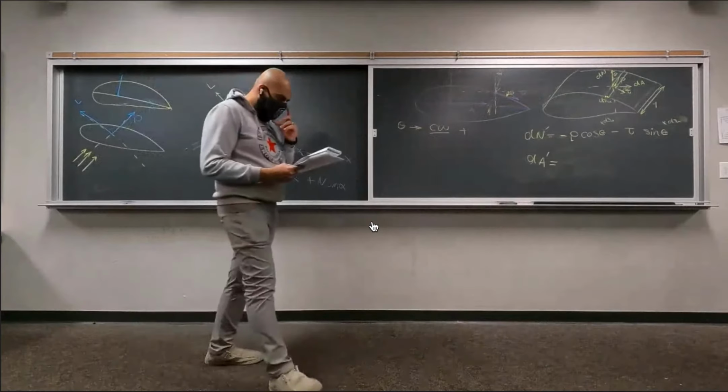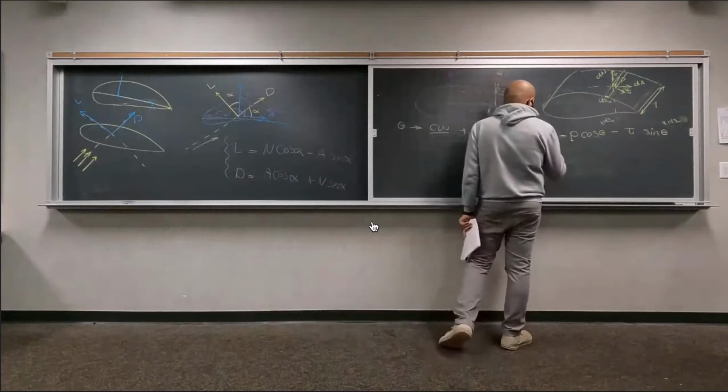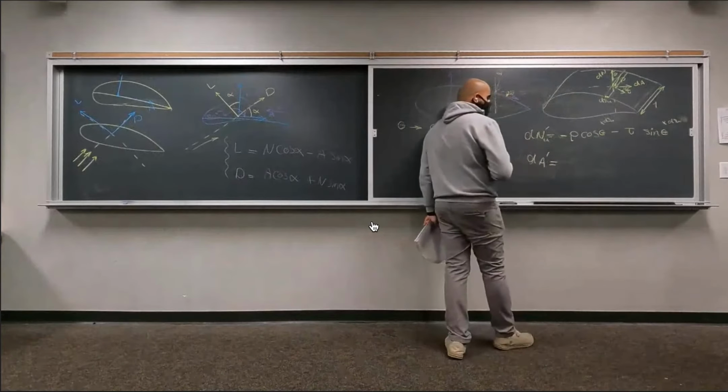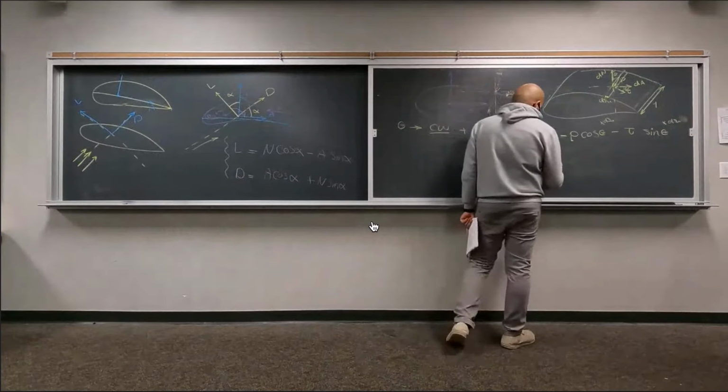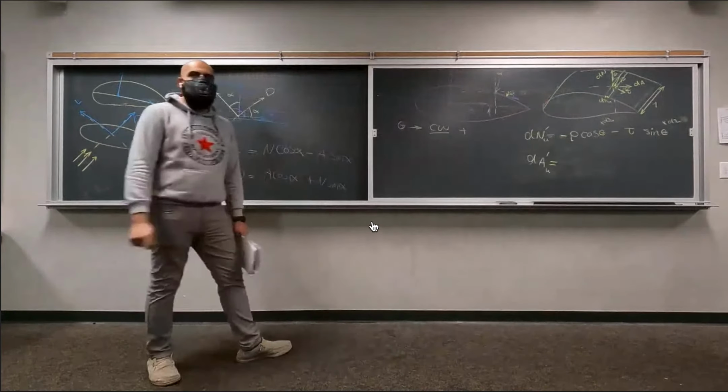Who volunteers for this one? Something that you have to keep in mind is that this is N prime for the upper surface. And we want to do the dA prime for the upper surface as well, right?